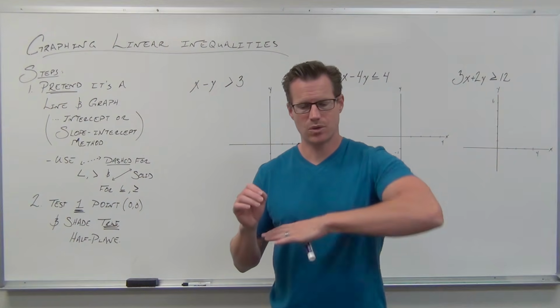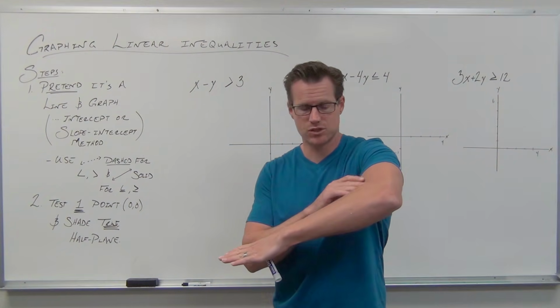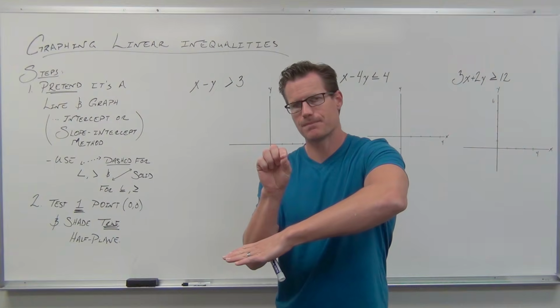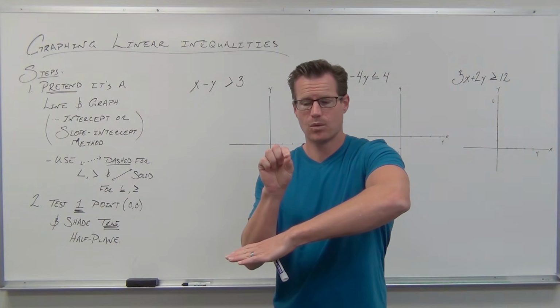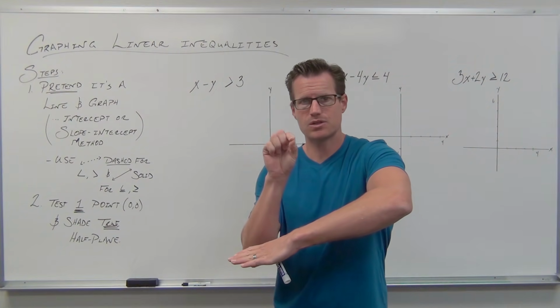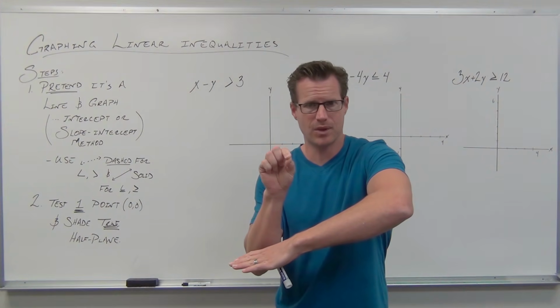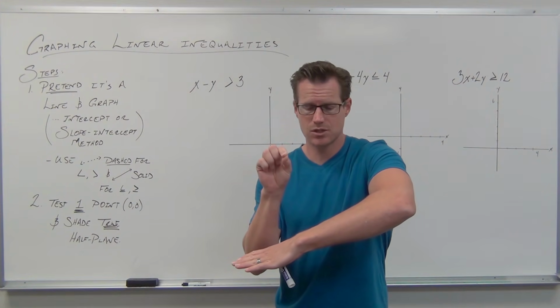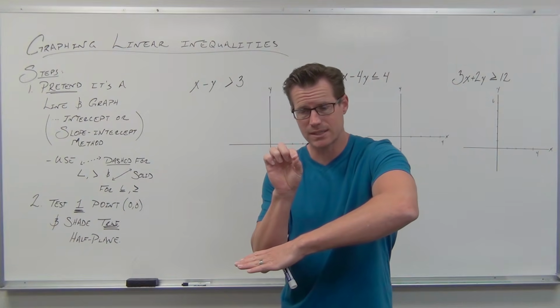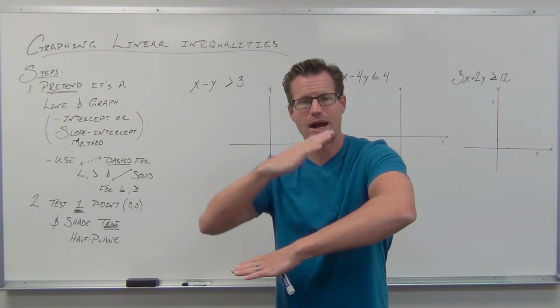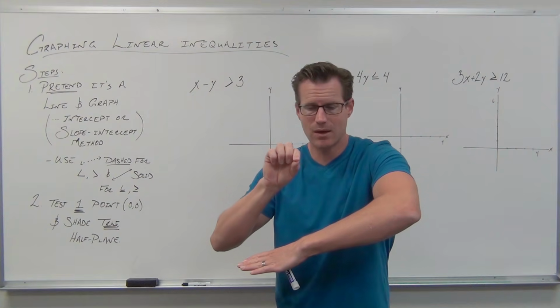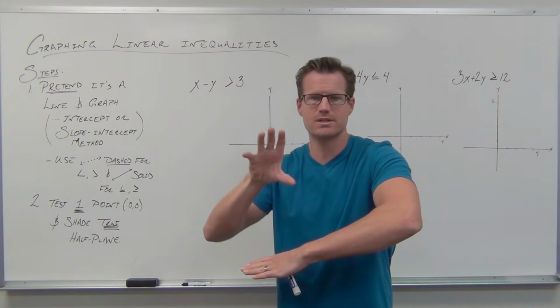If it's true, so imagine you have your line, and you test a point, and let's say that it's true. Well, then that point says, yeah, this one point is in the half plane that is the solution set. So if you have your line and you test a point and it says, yep, then that entire half plane is your solution set.